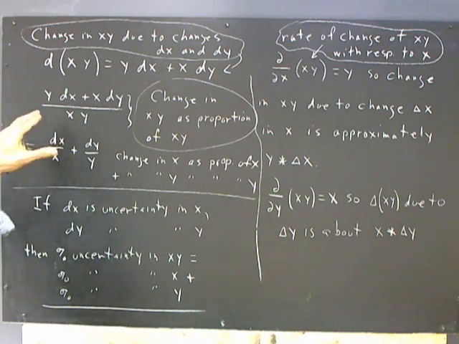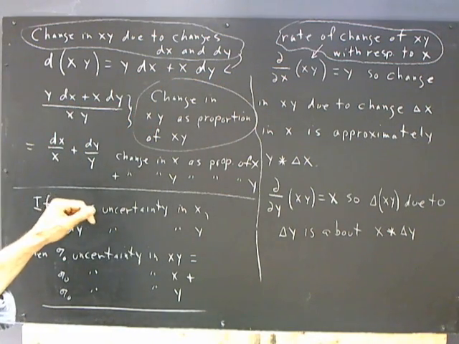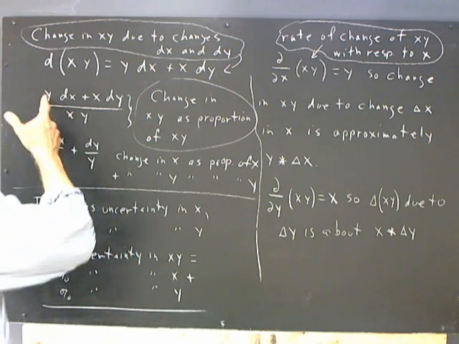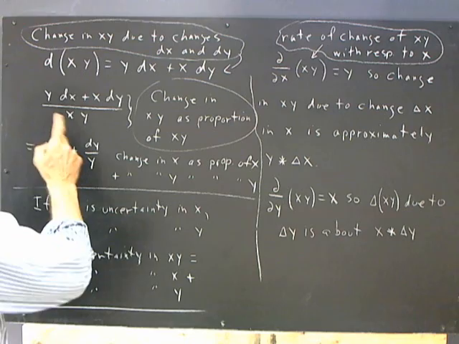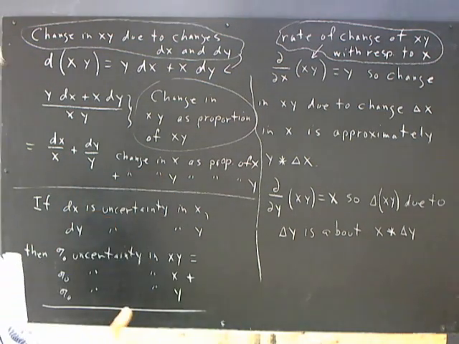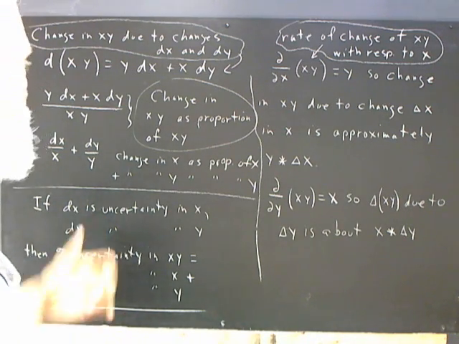Okay, so if we divide the change in xy, because this is going to represent the change in xy, if we divide the change in xy by the value of xy, well, we get the change in xy as a proportion of the value of xy.